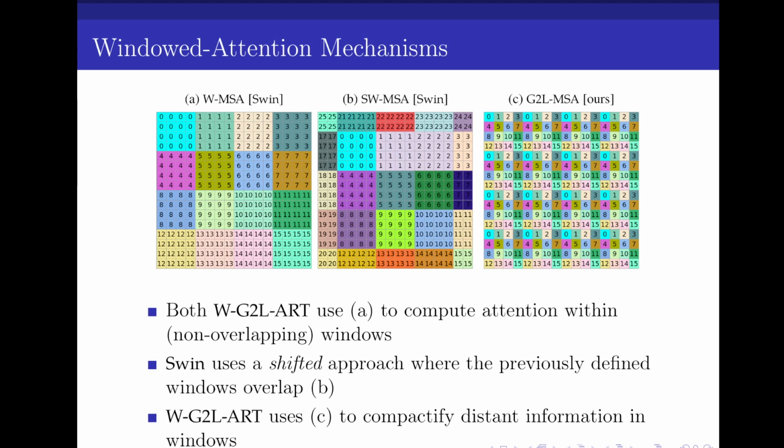The first one is WMSA, which defines the windows to be adjacent elements, and then you have the shifted window approach, SWMSA, which enables adjacent windows to communicate. Our approach, G2L-MSA, is grouping the global information into a local context, which can then be easily processed with a WMSA afterwards.